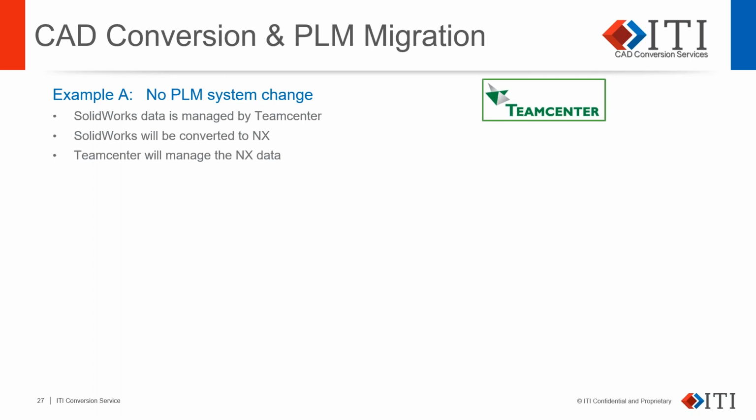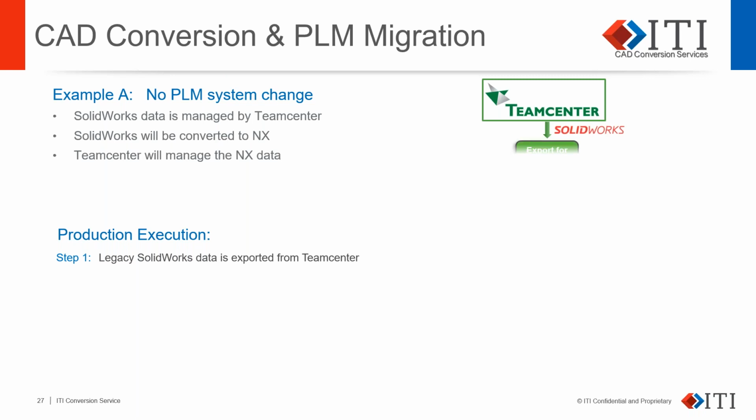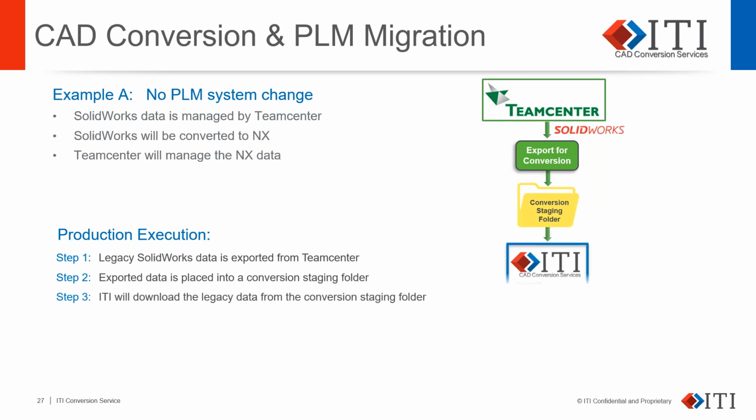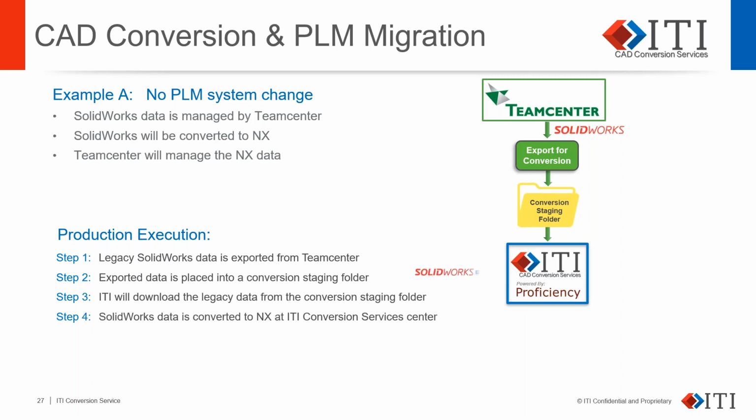In this case, we have SolidWorks data that is managed by Teamcenter. This SolidWorks data is going to be converted into NX and then re-imported back into Teamcenter. So this legacy SolidWorks data will be exported into a file conversion folder. This will be sent to ITI, this conversion staging folder. We would download that data and load it into Proficiency.